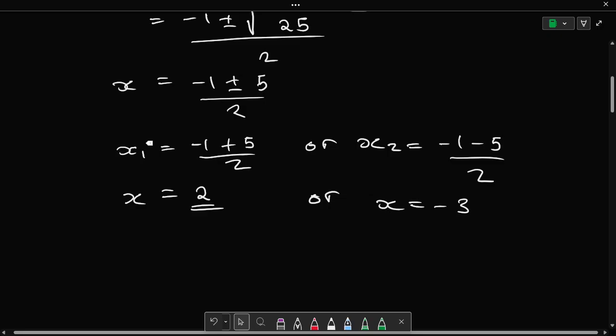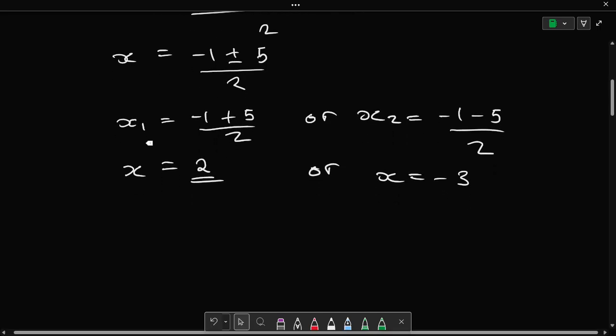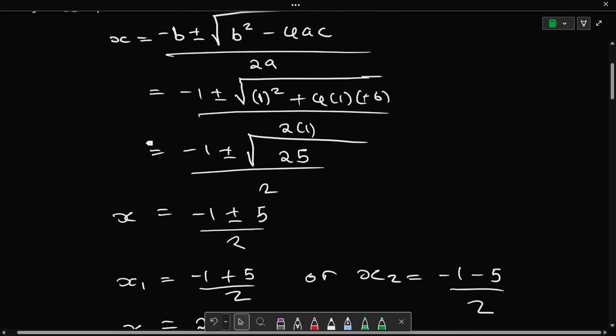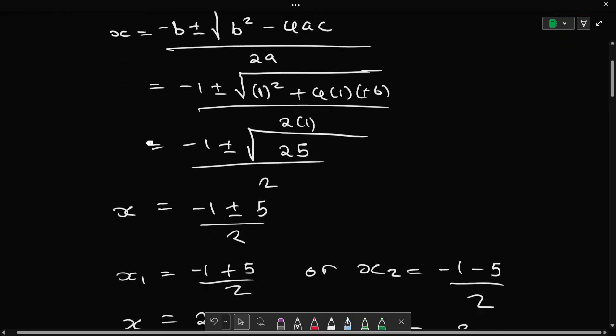Okay, so when we have this, we can also write it like this: x minus 2 is equal to 0, x plus 3 is equal to 0. So we need to replace these now in our quadratic inequality.